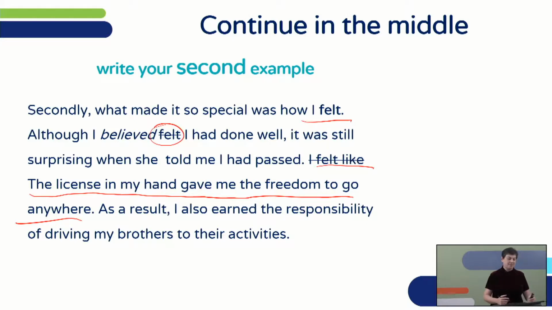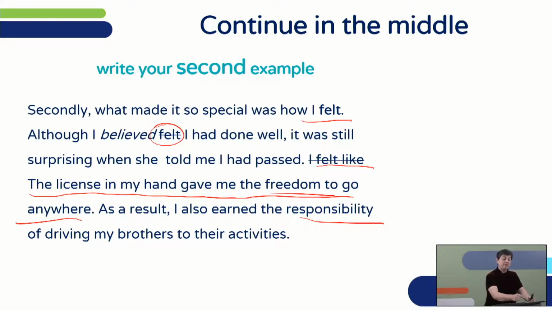It's the passive. We're using more complicated sentence structures in order to raise the level of the writing. As a result, I also earned the responsibility of driving my brothers to their activities. So I've got freedom and responsibility.